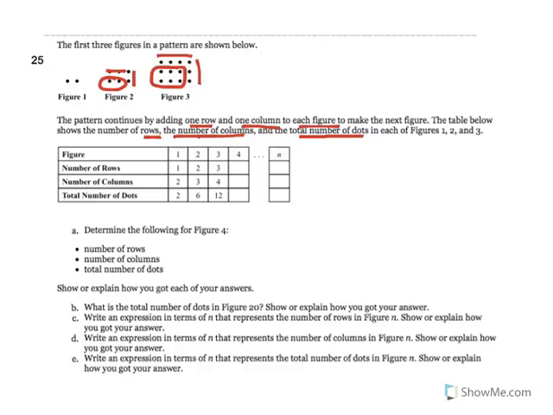In figure 2, there's 2 rows and 3 columns. In figure 3, there's 3 rows and 4 columns. So in figure 4, it looks like the number of rows is equal to the number of the figure.